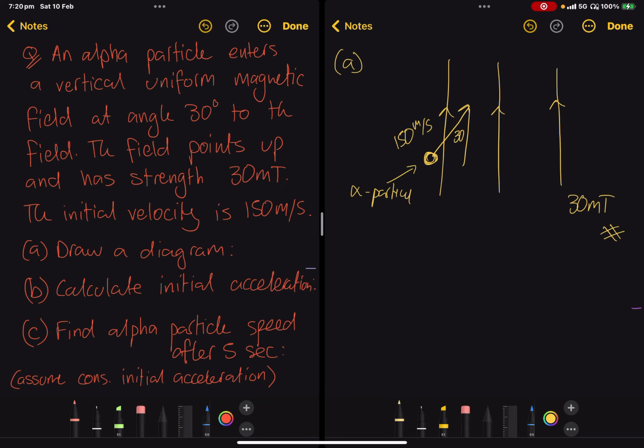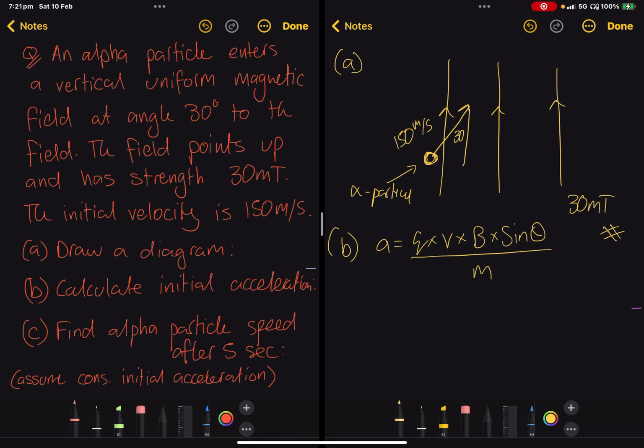Now we are told to calculate the initial acceleration. So we're going to do this in quite a simple way. We're going to say that the acceleration is in the direction of the force, and we have a formula for acceleration. Acceleration is the charge of the particle times the velocity times the field strength times sine of theta divided by the mass.